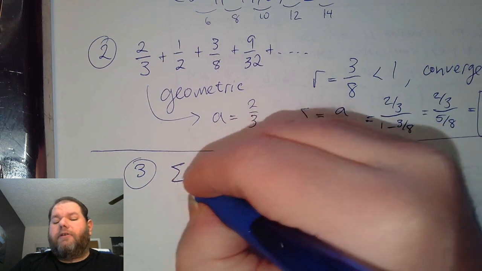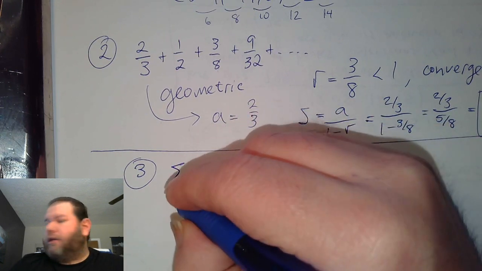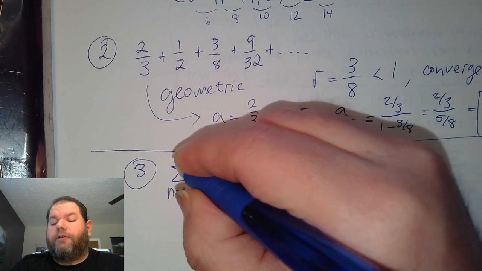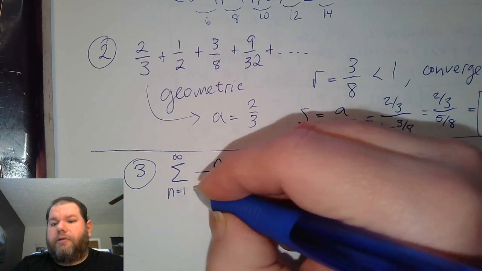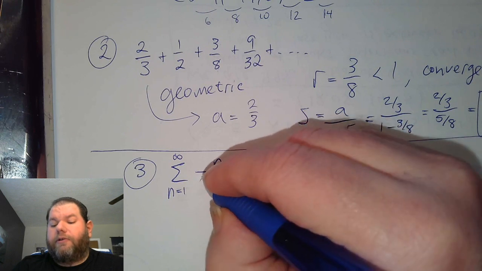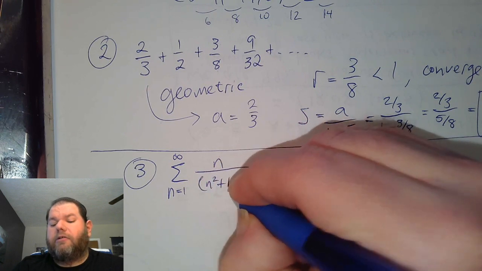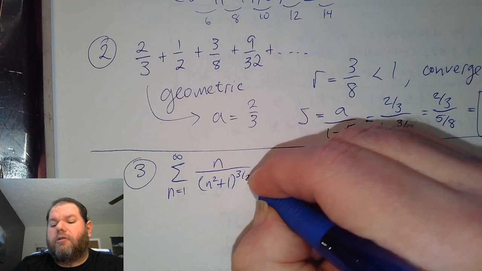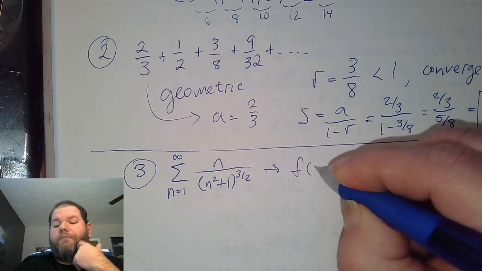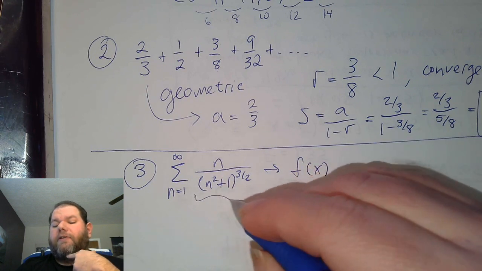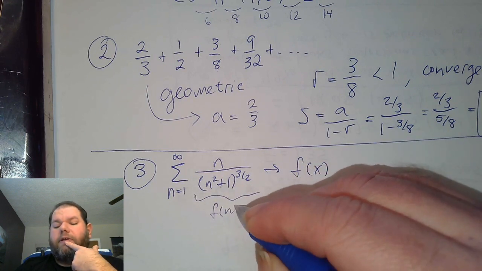So we're given the summation n equals 1 to infinity of n over (n squared plus 1) to the 3 halves. Okay, so what we do is we create a function based on this. Now this we call f of n.